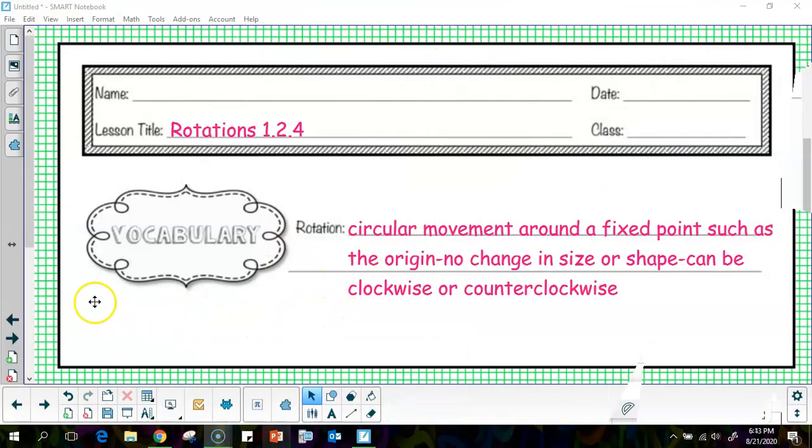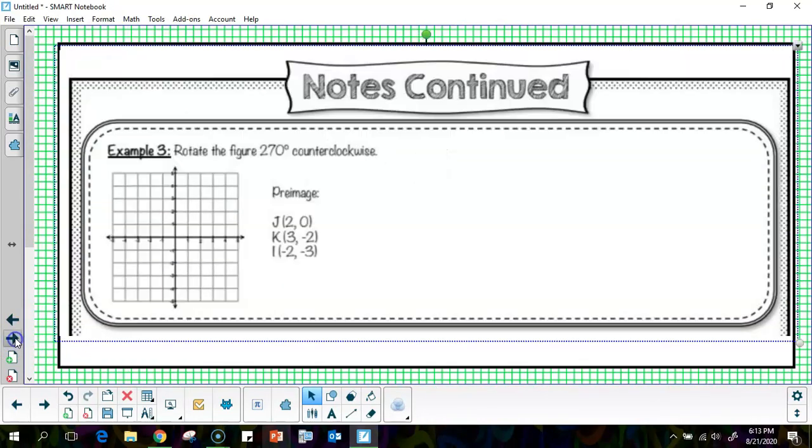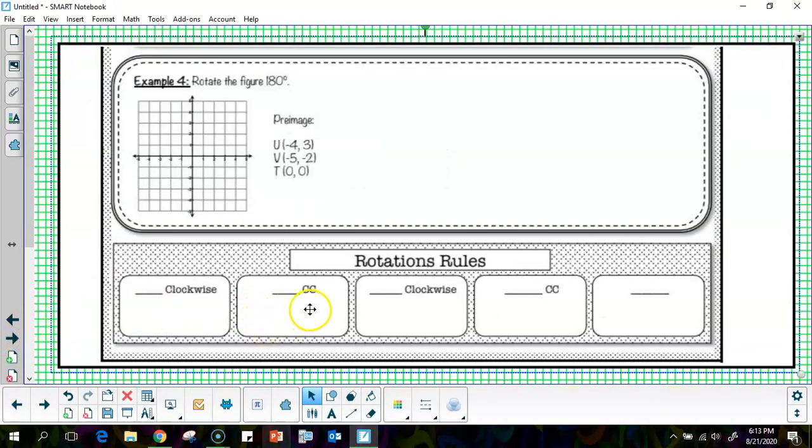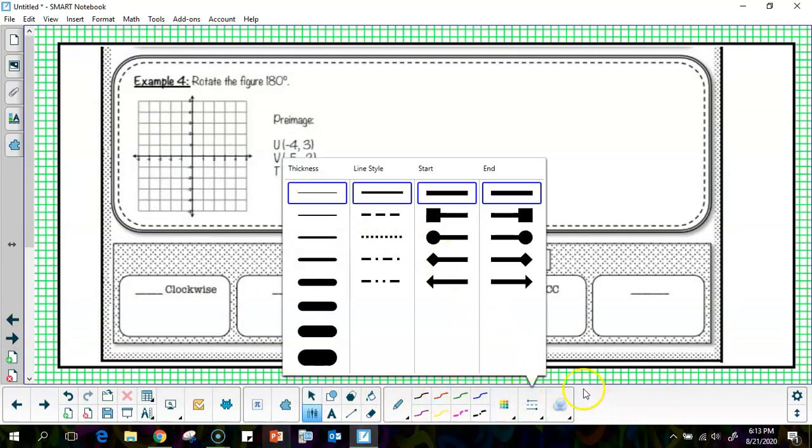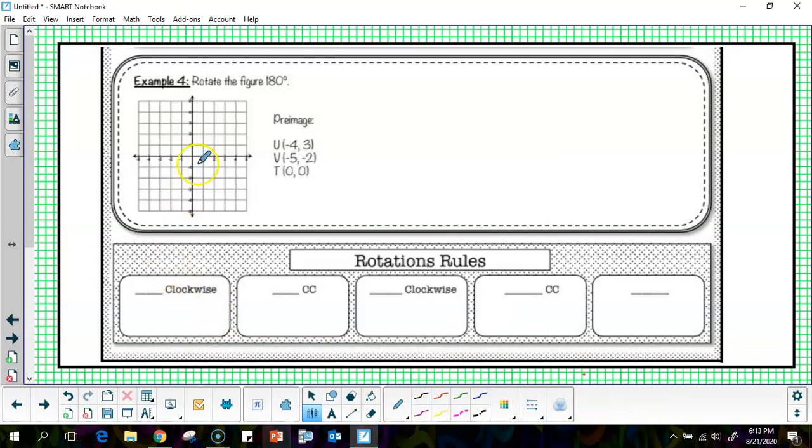So what I would like to do, since we actually already established some rules looking at the simulations, is I want you to skip to this part of your notes right here, and we're going to go ahead and write in the rules for each of these situations. So let's talk about counterclockwise, because those are the ones we just looked at. So let's put in 90 degrees counterclockwise right here.